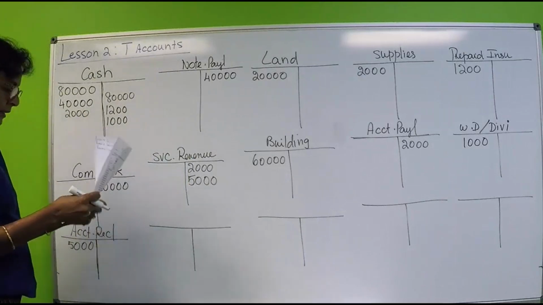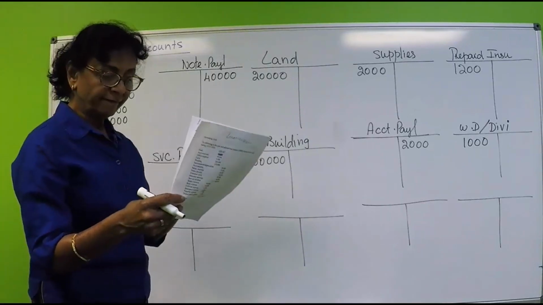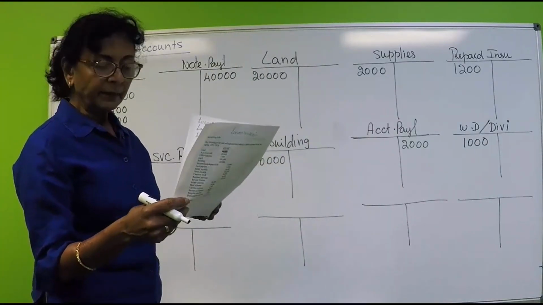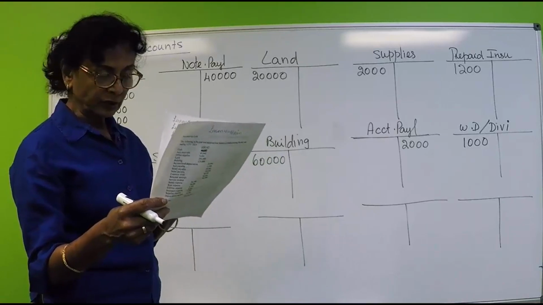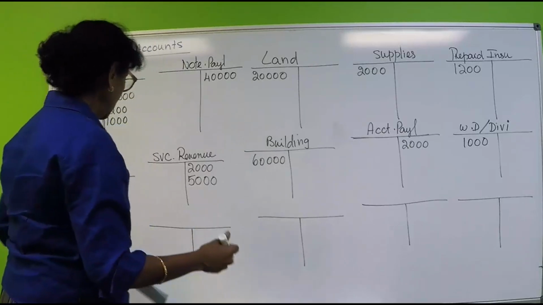Next one, now the company is paying for the furniture rent 1,000, paying the assistant a $2,000 salary and paying $500 for utility. So now what do you do?